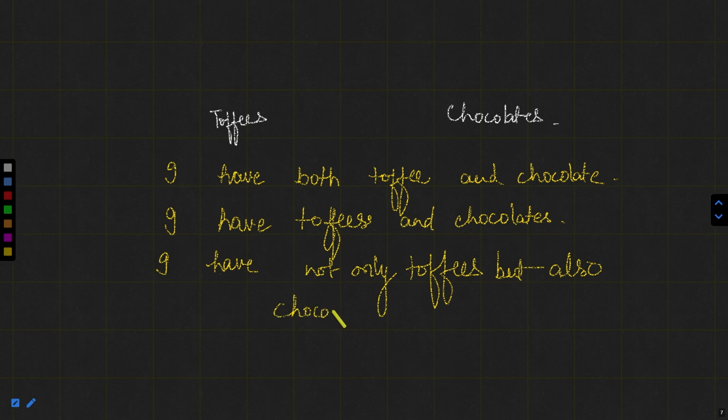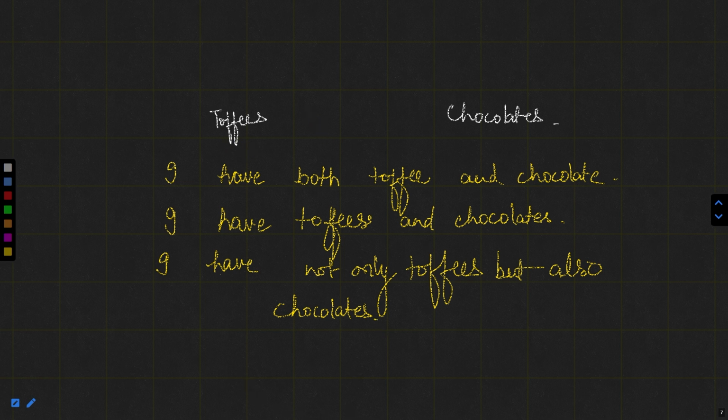Now, if I write these three sentences, the information which I want to convey is the same. What? That I have both these things with me. It means I have possession of both the things. I have toffees and I have chocolates. So there are various manners of writing the same information or writing the same thing.